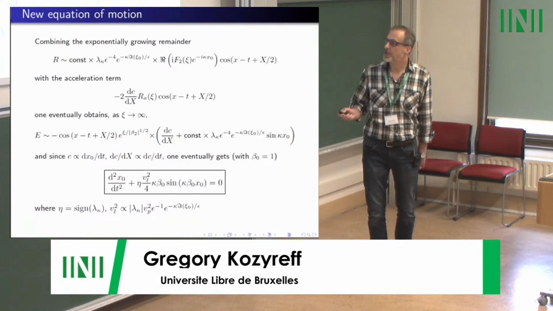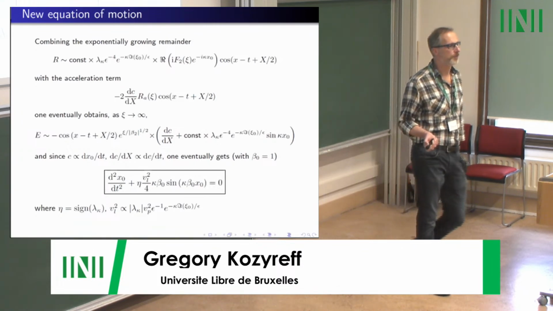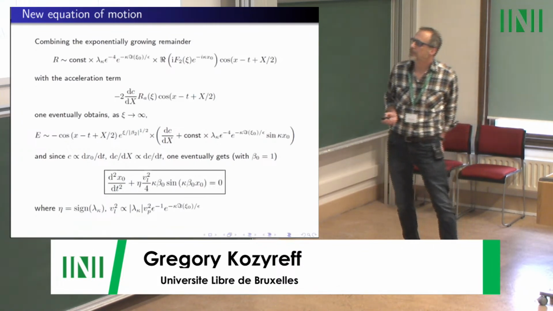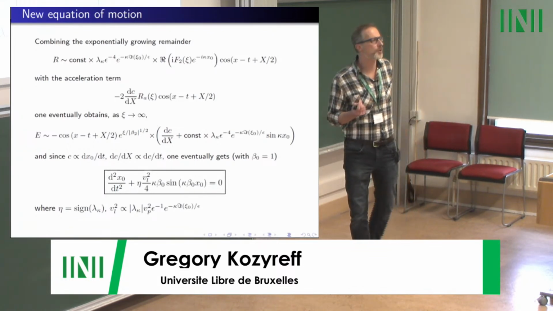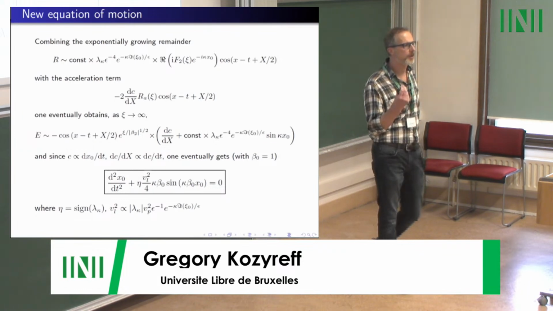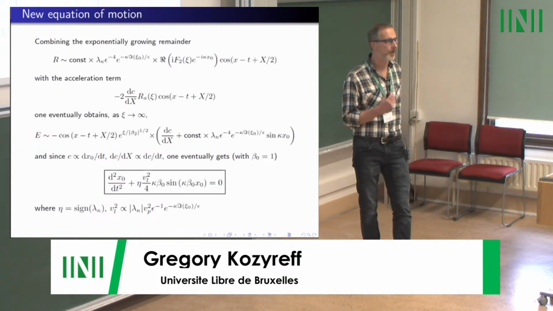So what is the equation that you get at the end of the day? It's a pendulum equation. Okay. So I've kept the kappa, as you can see, because now I can treat both the cubic nonlinearity and the quadratic nonlinearity in the same equation.